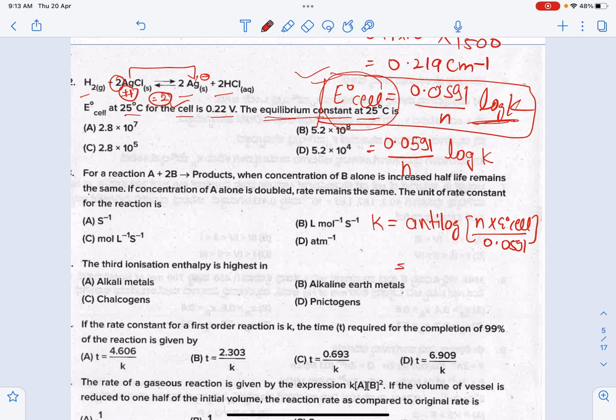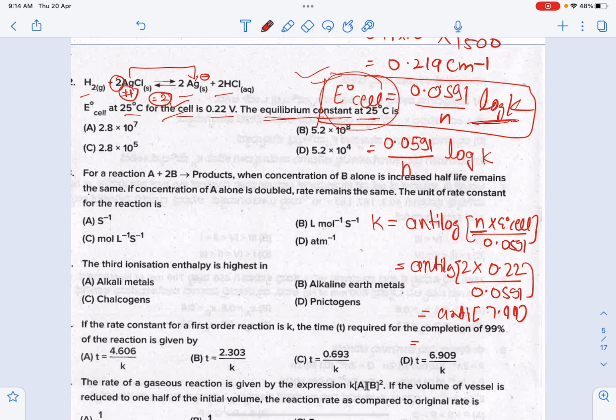Just put the values: n is 2, total 2 electrons are changed, the value of E° cell is given as 0.22, and divide it by 0.0591. We will get antilog 7.44. Its value may be given in your exam, or a log table will be given. The value of K will be 2.8 × 10^7. So our correct answer will be A.